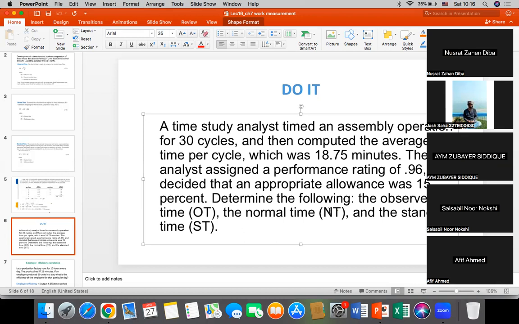What is the normal time? How do we calculate normal time? Normal time means observed time multiplied by the performance rating. What is the performance rating here?